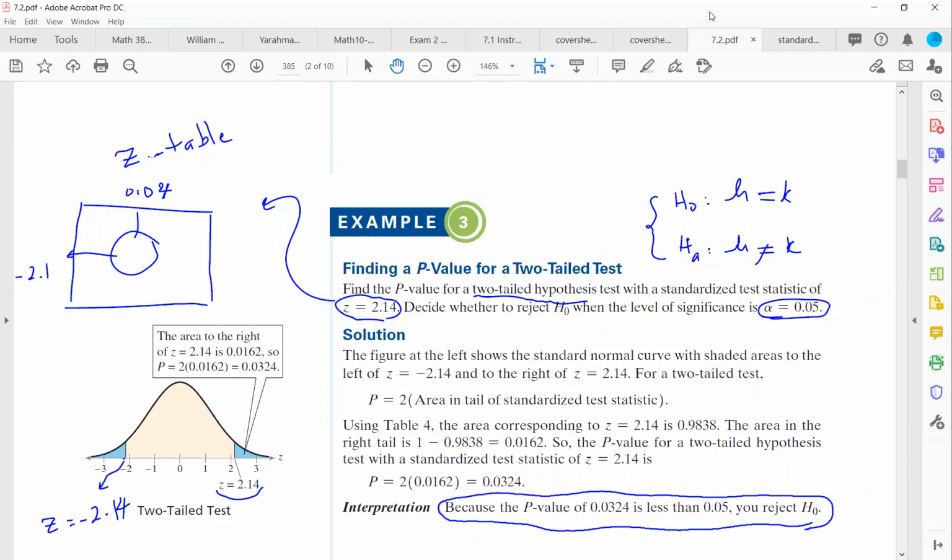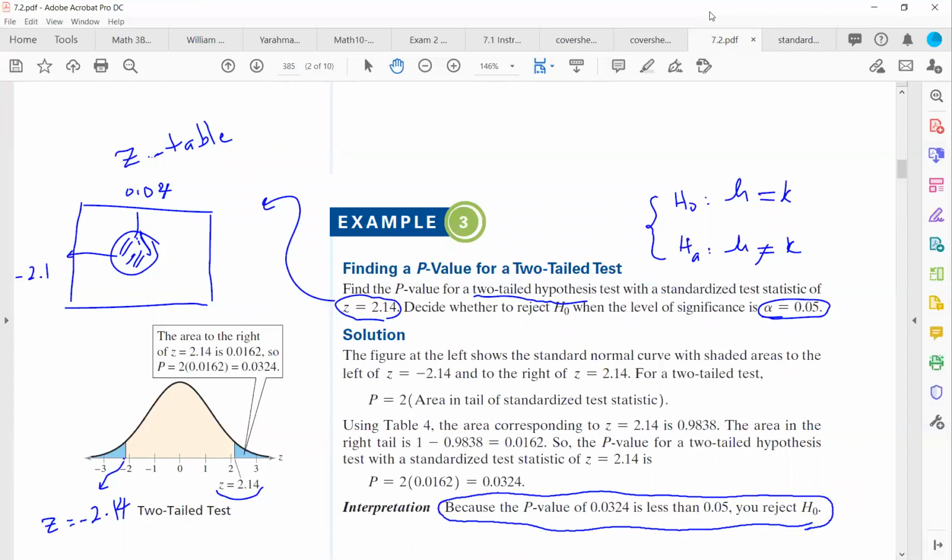So again, z is given as 2.14. Since you have a two-tailed hypothesis test, because of symmetry, the other z-value on the left-hand side is minus 2.14. You use your z-table, negative 2.1 and 4. The intersection between them is the area, this little area on the left-hand side.